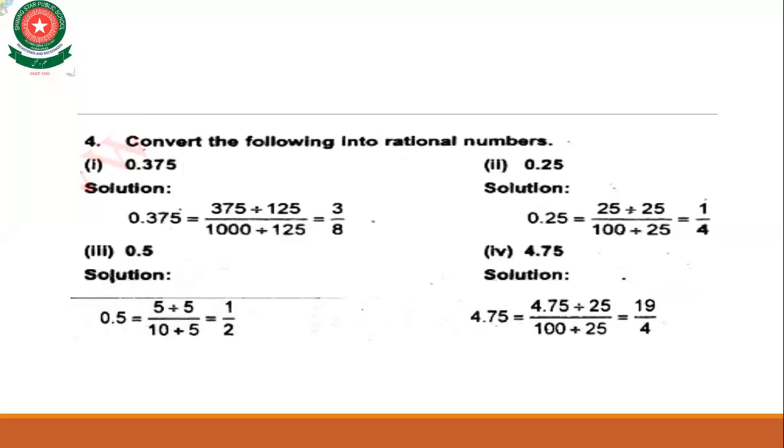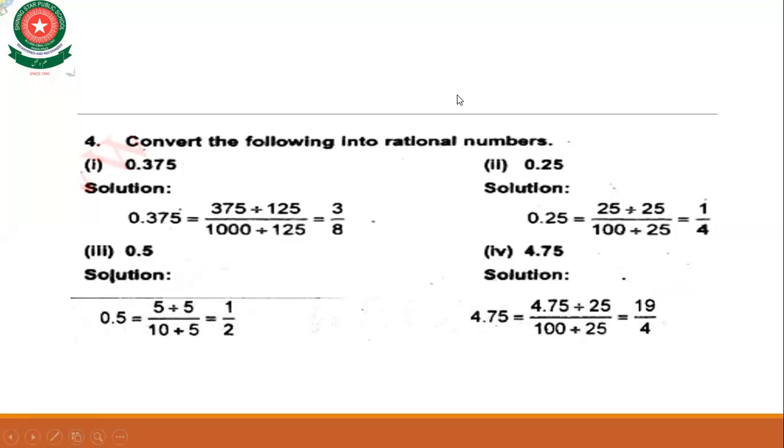Now we are going to discuss question number 4 of review exercise 3, which is to convert the following into rational numbers. Part number 1, 0.375. The solution is, first of all we have to write 1 below the decimal point. Then we put as many zeros as there are digits after the decimal point.